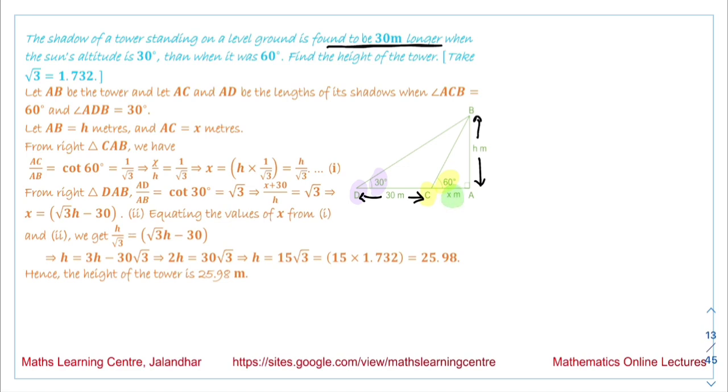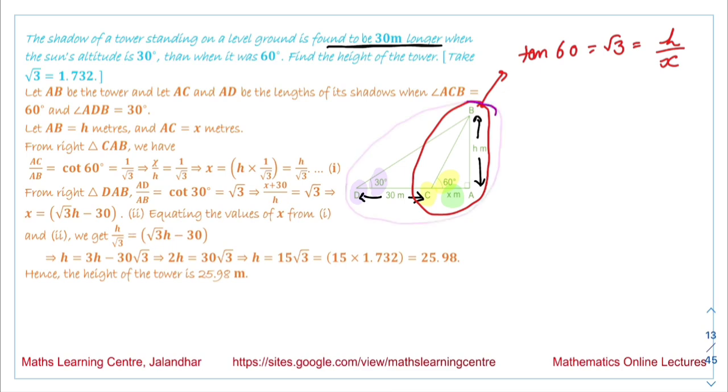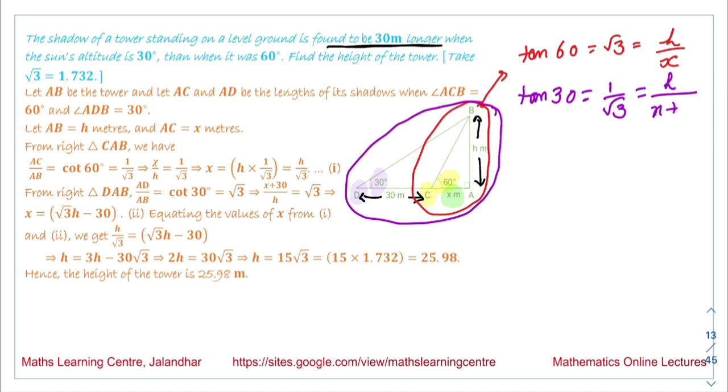So we are talking about two triangles. One is this triangle ABC. In this triangle, tan 60 is equal to root 3, which is equal to h by x. Second, we are talking about this larger triangle over here. So tan 30 is equal to 1 by root 3, and that is equal to h over x plus 30.